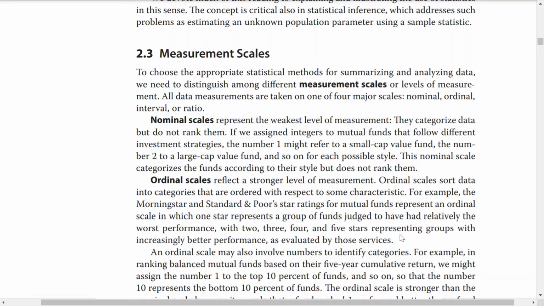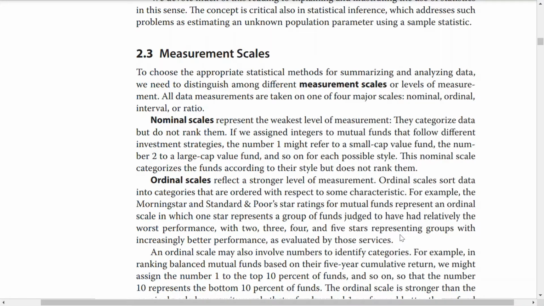Consider assigning integers to mutual funds that follow different investment strategies. The number 1 might refer to small-cap venture funds, and number 2 to large-cap venture funds, and so on. For each possible style, this nominal scale categorizes funds according to their style but does not rank them.